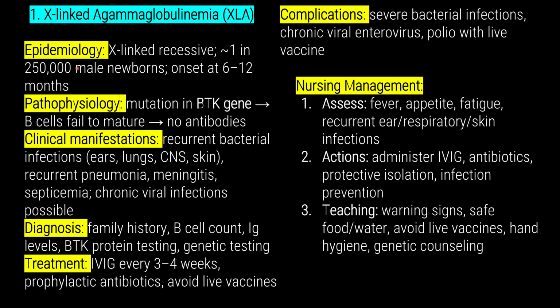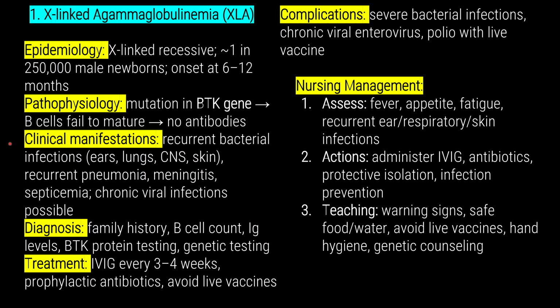So take a short screen, but this is actually copy and paste from my own outline. So now you see, it's about 1 in a quarter million in male newborns, and the onset is at 6 to 12 months. You see no antibodies, pneumonia, family history, B cell count.